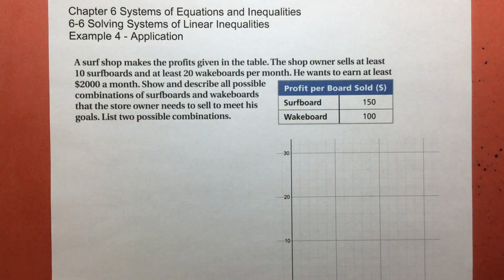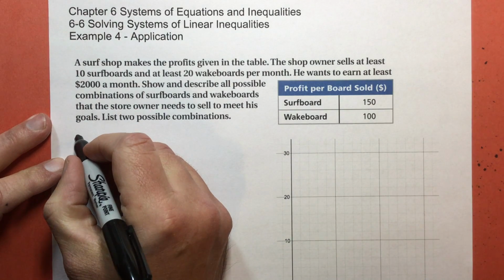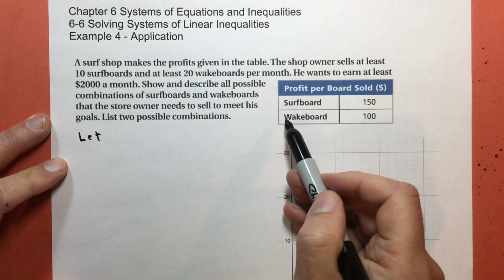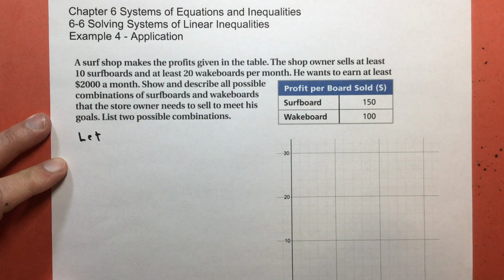But before I can do this, I have to figure out what my variables are. So the first step is to define the variables. I'm going to let, and I should use S and W for surfboard and wakeboard, but I'm going to use X and Y because if I graph this on Desmos, it doesn't understand what S and W are.